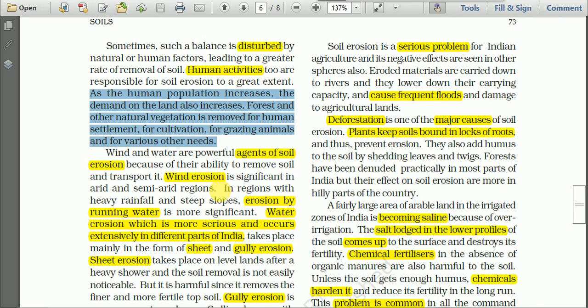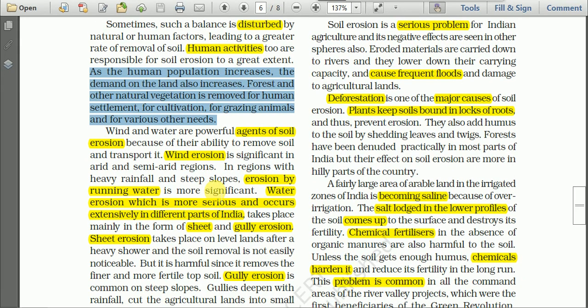Since the surface is left without trees and grasses, various agents like rainwater, running water, glaciers and wind can easily erode the land, and hence erosion of the soil takes place. Okay.